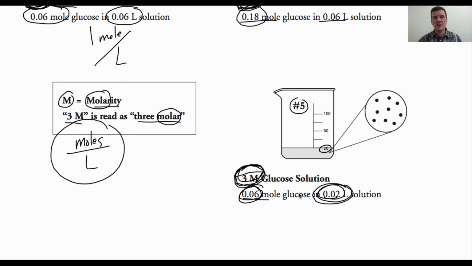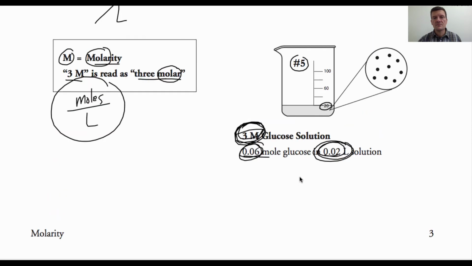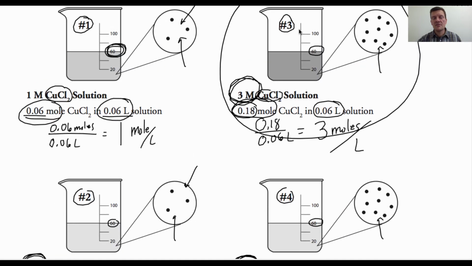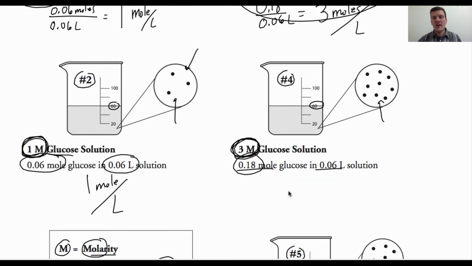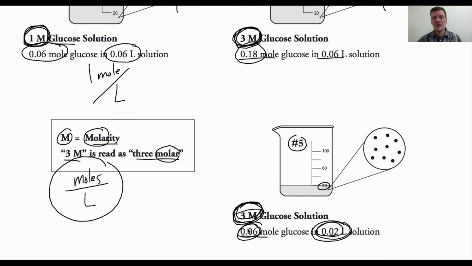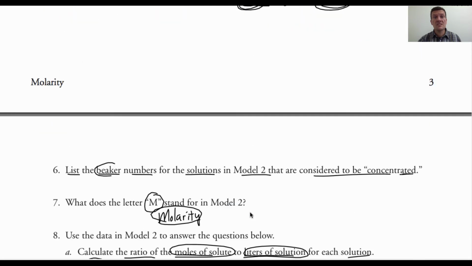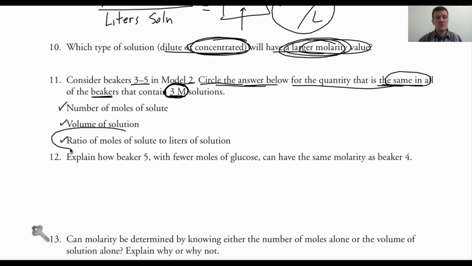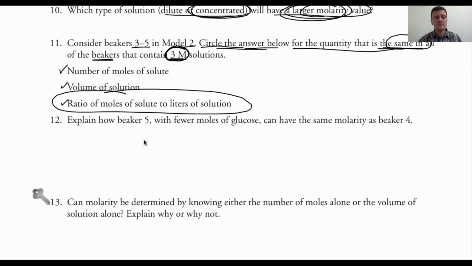Okay? We calculate the ratio for all of these, and you end up seeing that, even though the volumes are different, or if the volume is different, then the number of moles has to be different, but it's the ratio that is the same for all of these. So all of these have the same molarity value, are of the same concentration. Okay? It is the ratio that is the same.